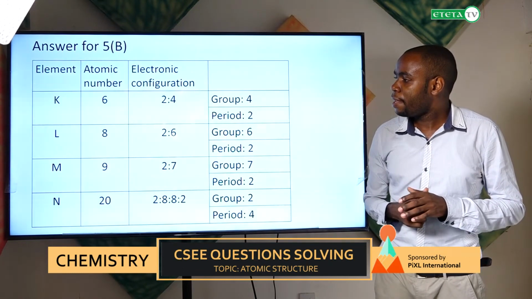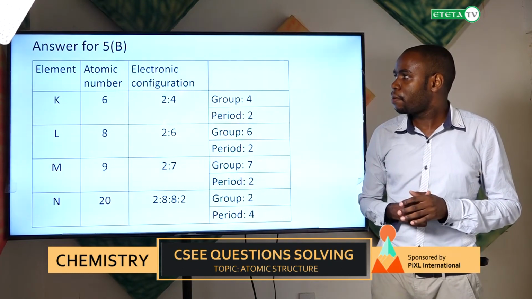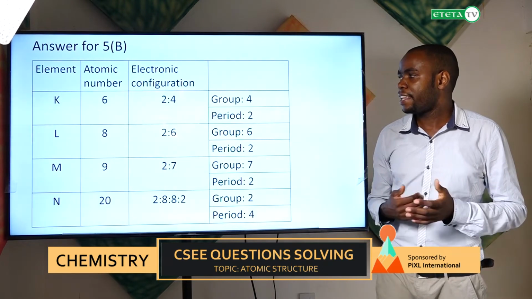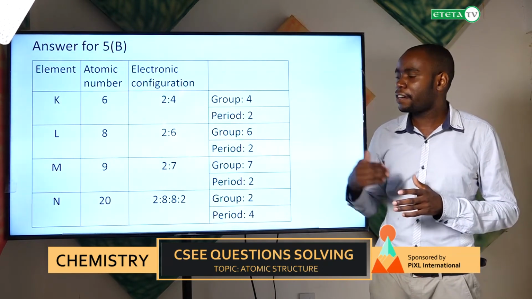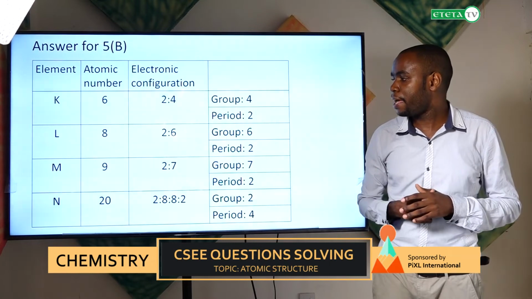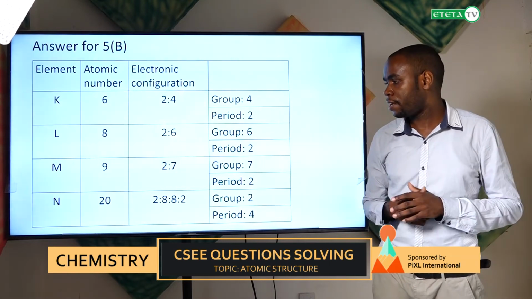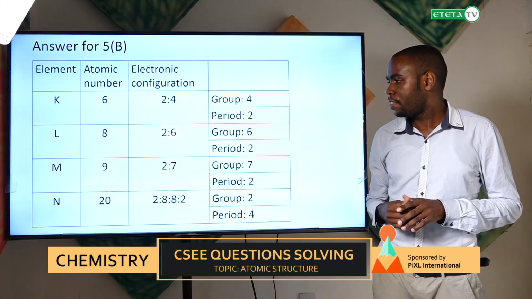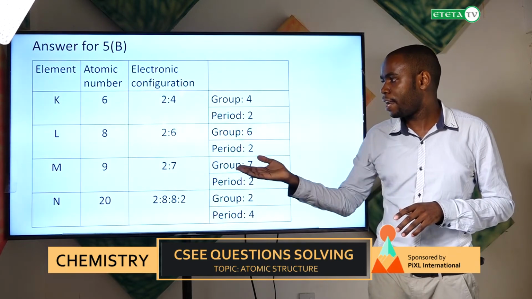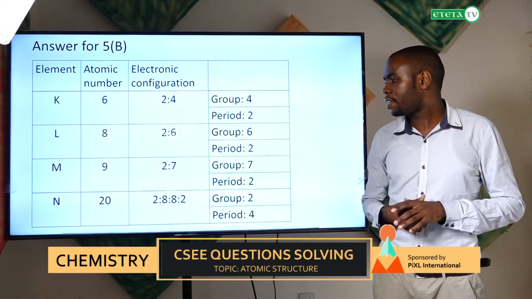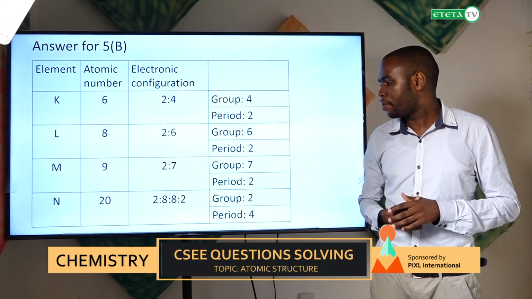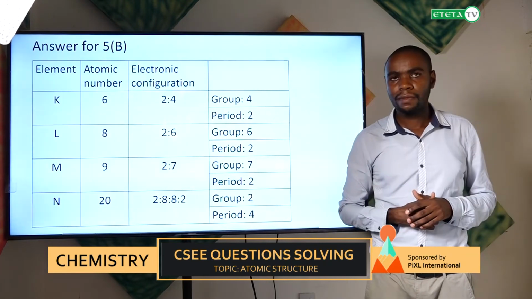Another element is element M, with atomic number 9. The electronic configuration for element M is 2, 7. For that case, the group of element M is 7 and the period is 2.